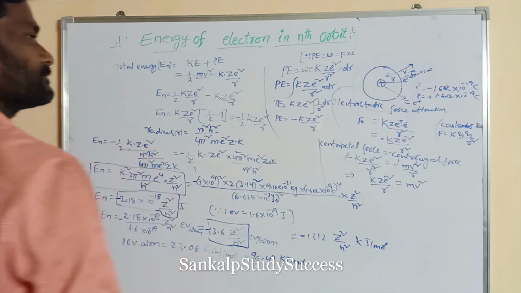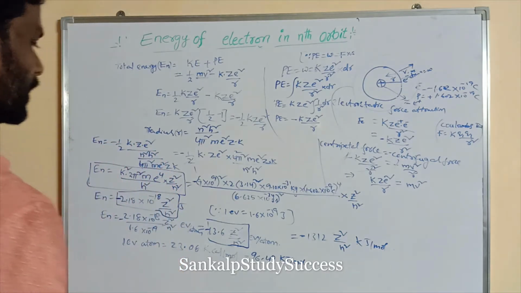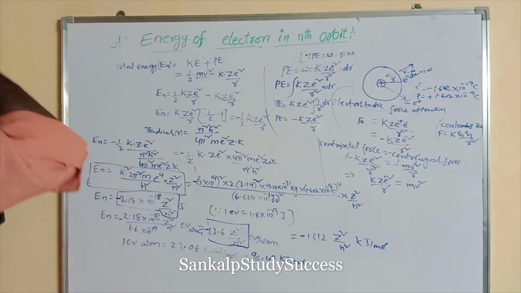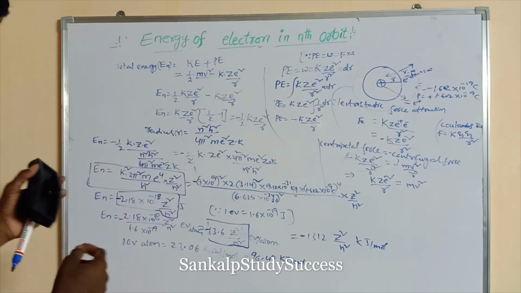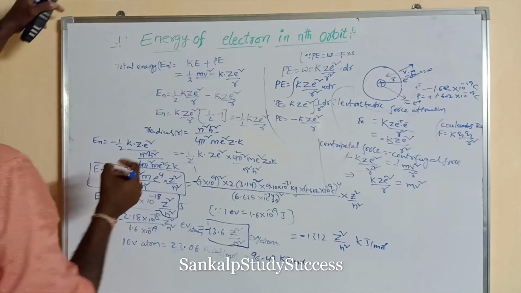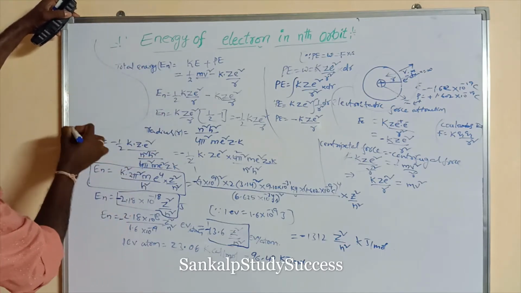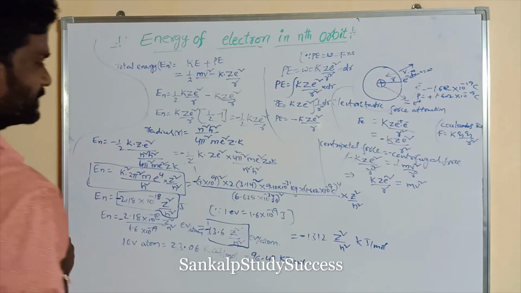Next, according to this, we can write potential energy, kinetic energy, and total energy. What is the relation between kinetic energy, potential energy, and total energy?